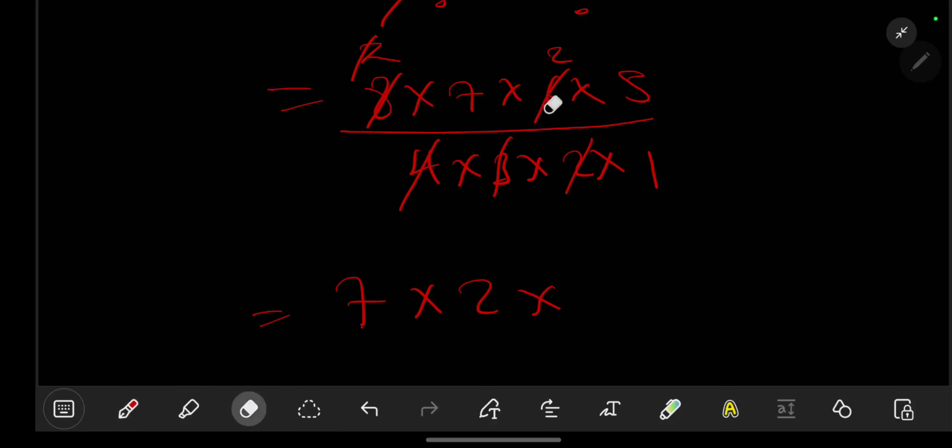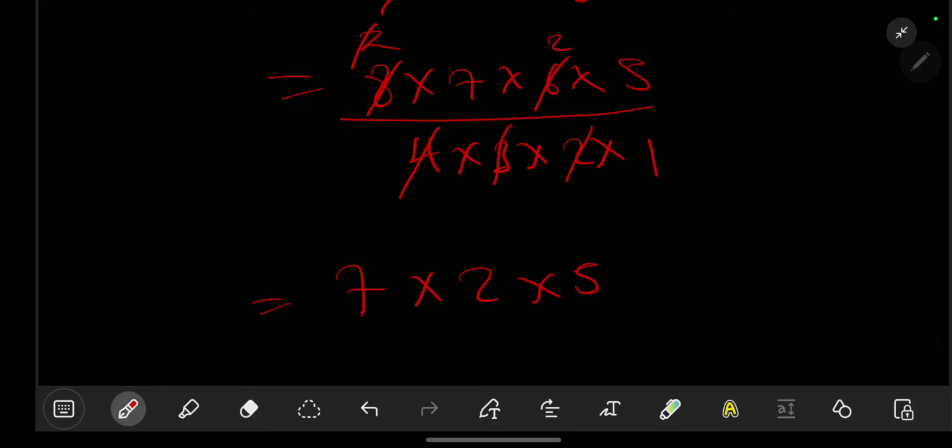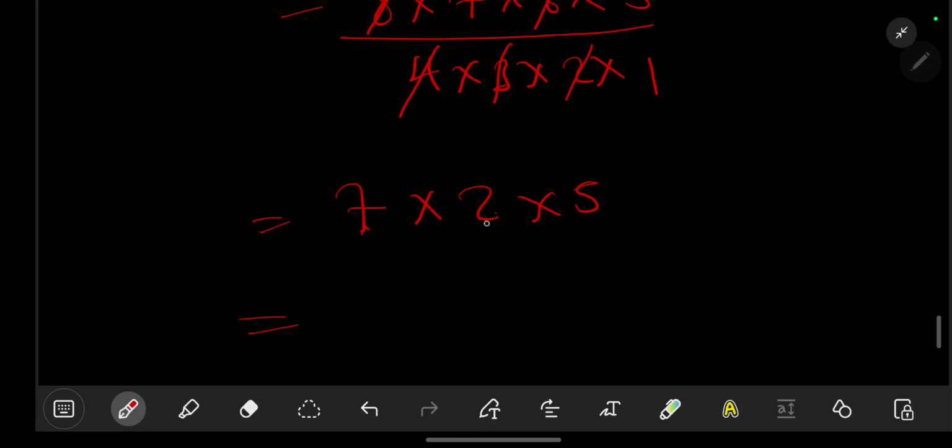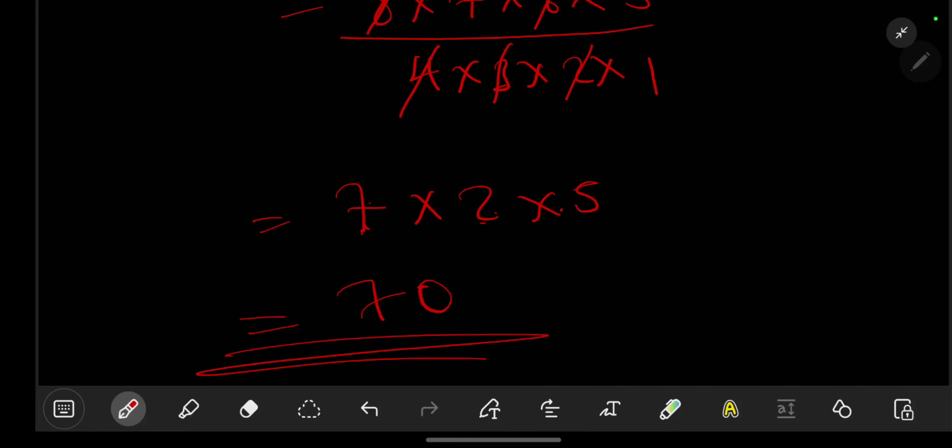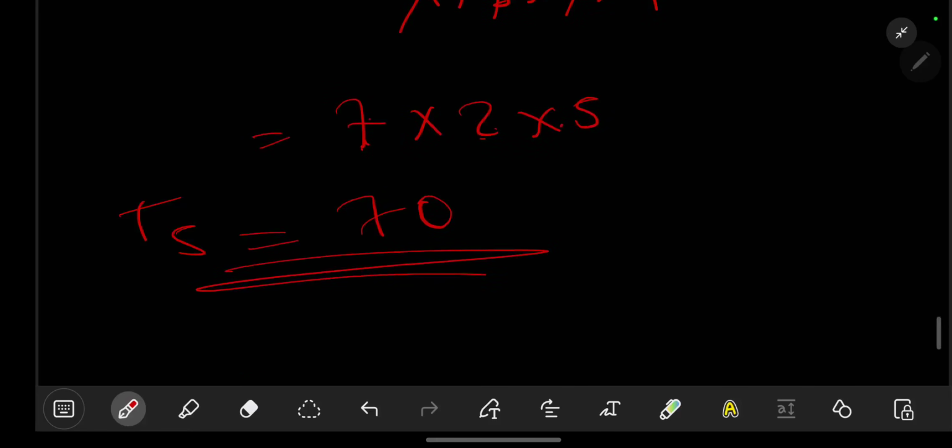So 8 times 7 times 6 times 5. So this is going to give us 2 times 2 times 5, that's 10. 10 times 7, that's 70. So that is the term independent of x, so it is the term number 5.